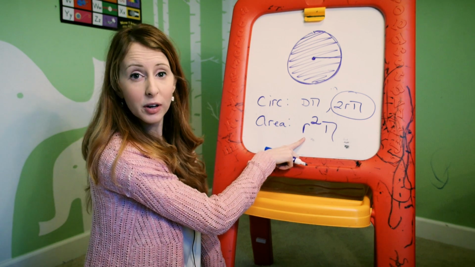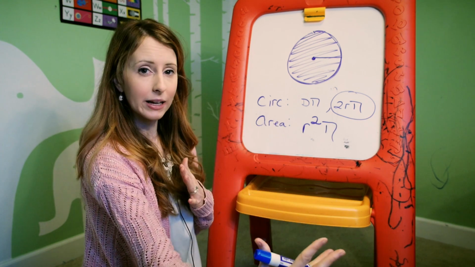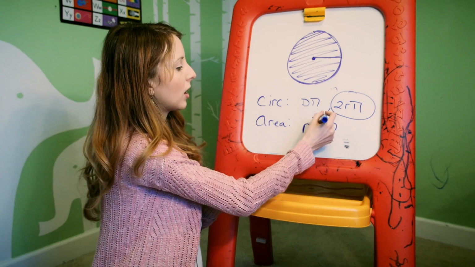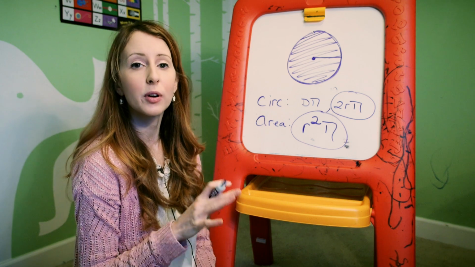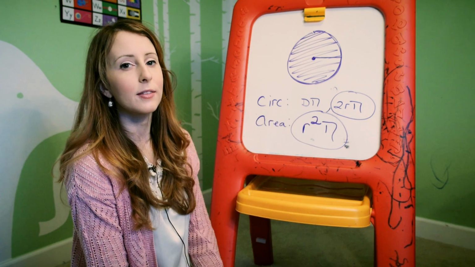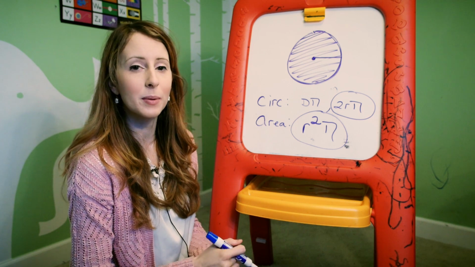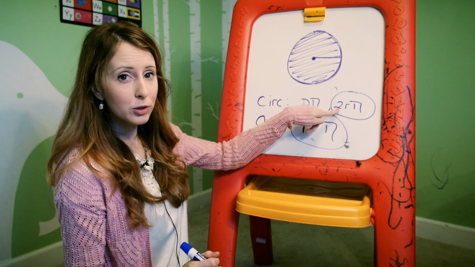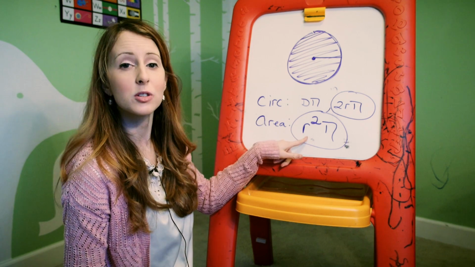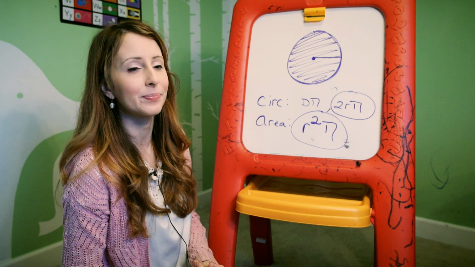On the formula for area, you are squaring that number. You're multiplying that number by itself. So obviously, your answers for area are going to be much larger than the answers you would get for circumference.